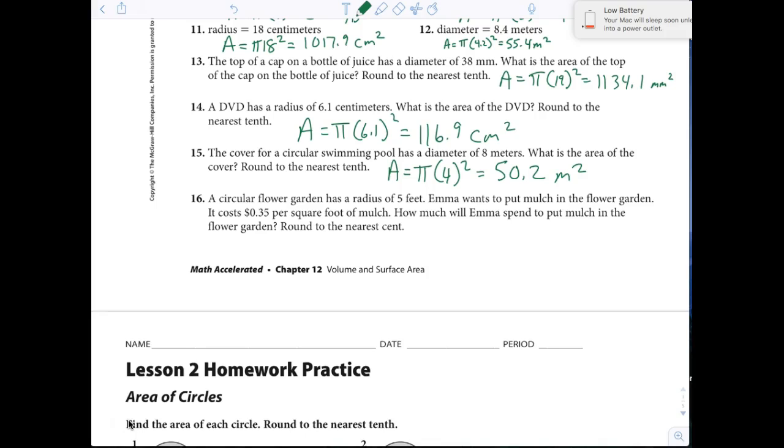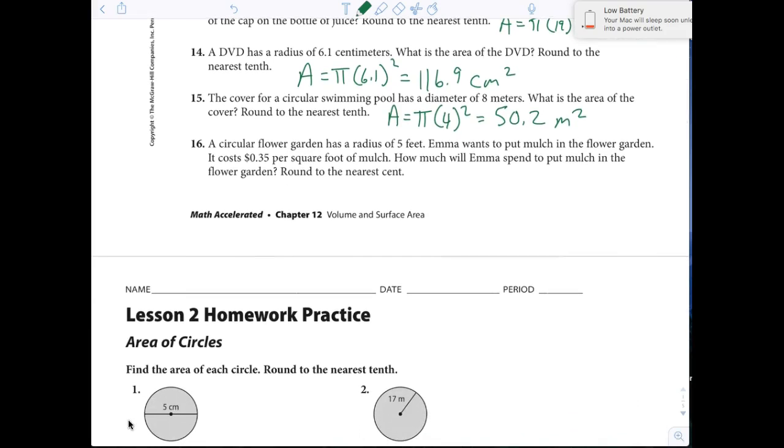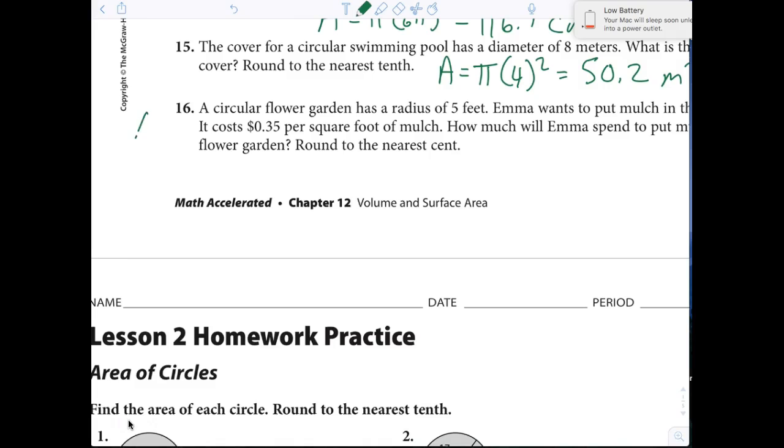All right, Ian. Now you got the hard one, so read it to me. Okay, now everybody put a star by this one. This is the most important one.